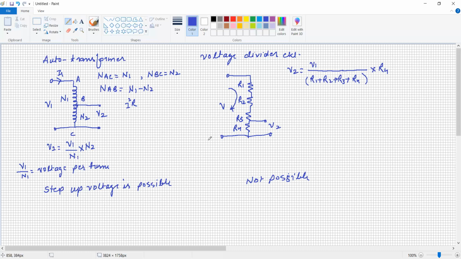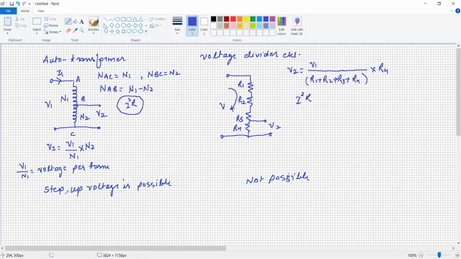Here it is simply connected across the source, so there is a continuous source and a constant value of current. In the transformer, the current depends upon the load condition. If the load on the secondary of the transformer is zero, only the magnetizing current is needed, whereas when a load is connected, the primary current depends upon the load current, and hence the I square R loss is variable, whereas here the I square R loss is constant, isn't it?